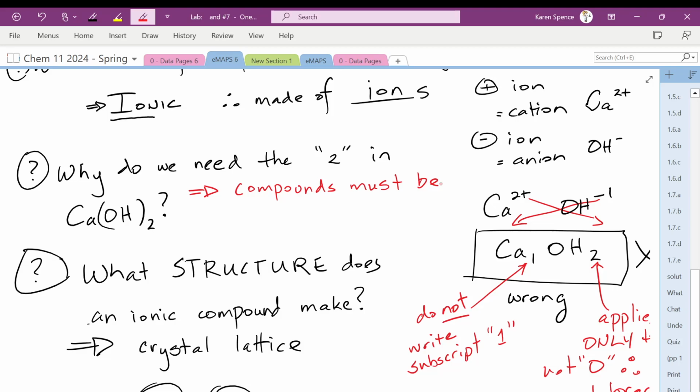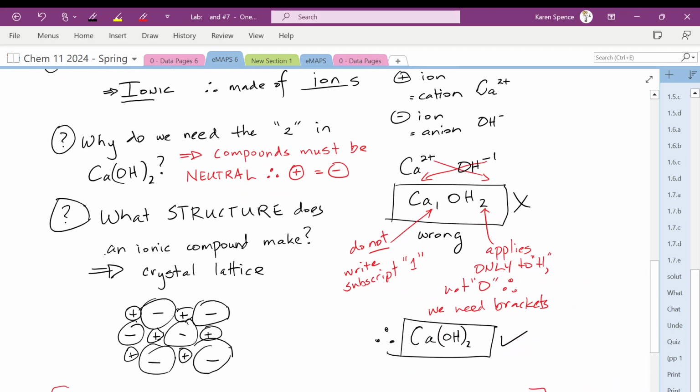Overall. Neutral. Therefore, the positive must equal the negative. So if you have a 2 positive, you also need to have a 2 negative. Okay?